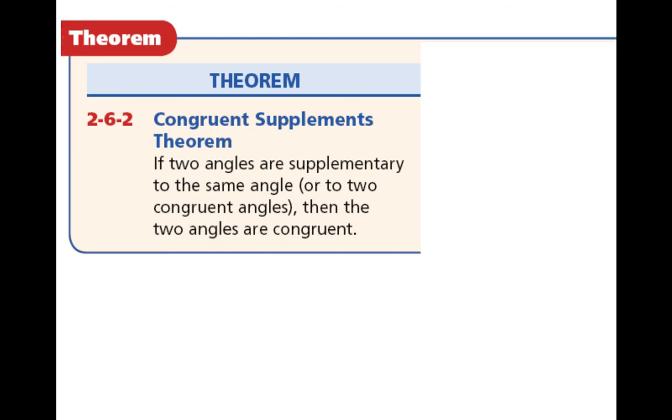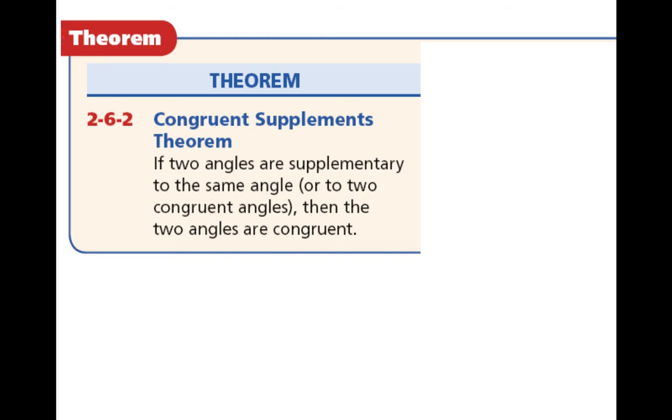You can either have two angles supplementary to the same angle or two angles supplementary to two congruent angles. But in either situation, the two angles that you started with will end up congruent, which means they would be the same. So let's think through, and as we're thinking through, we're probably in our mind proving this theorem.